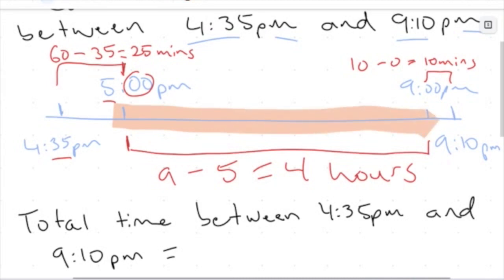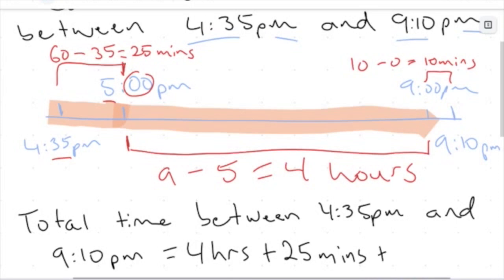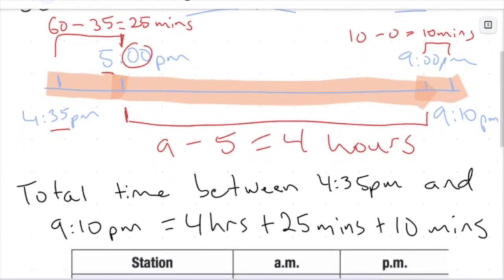So let me write that in. It gives me 4 hours plus my 25 minutes from here to here, 25 mins plus my 10 minutes from the end here down to here. So plus 10 minutes. I'm almost done here.